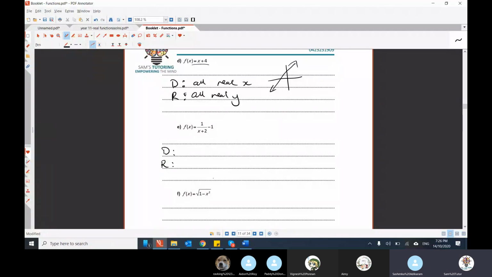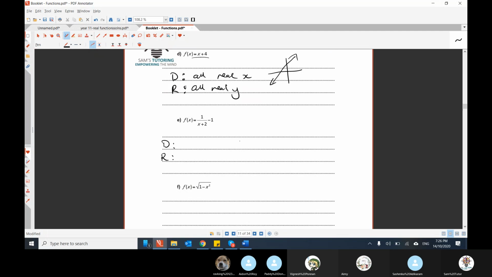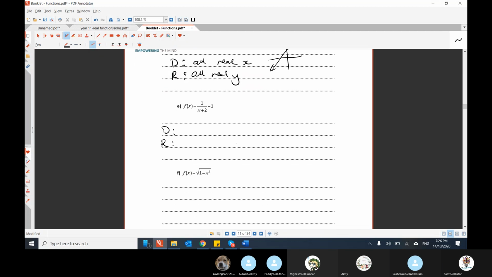Domain and range for the next one. Domain: x cannot equal -2. And if you guys remember the one we did just before, it wasn't like this, but when we solved for this, we found x is plus minus 2, and then I wrote what I wrote, so it's between -2 and 2 because of the boundaries.